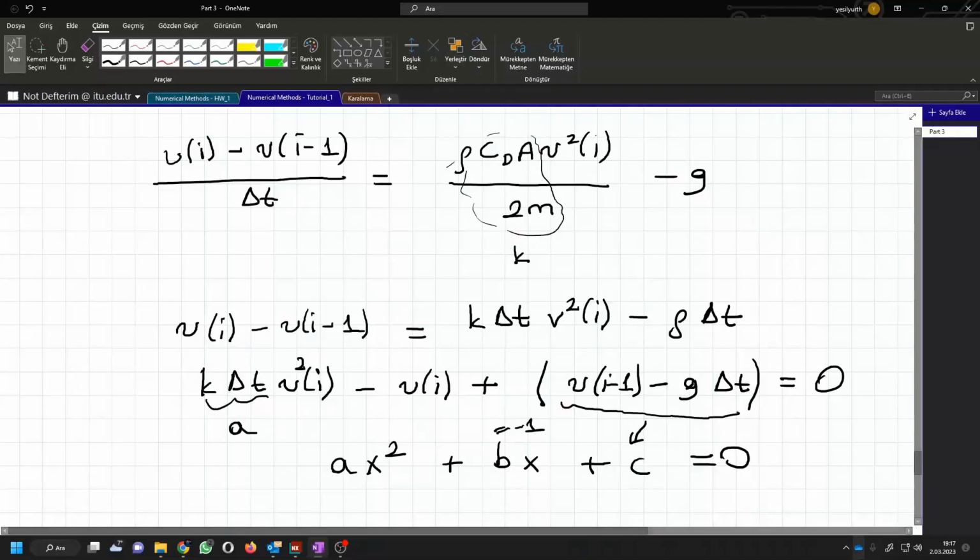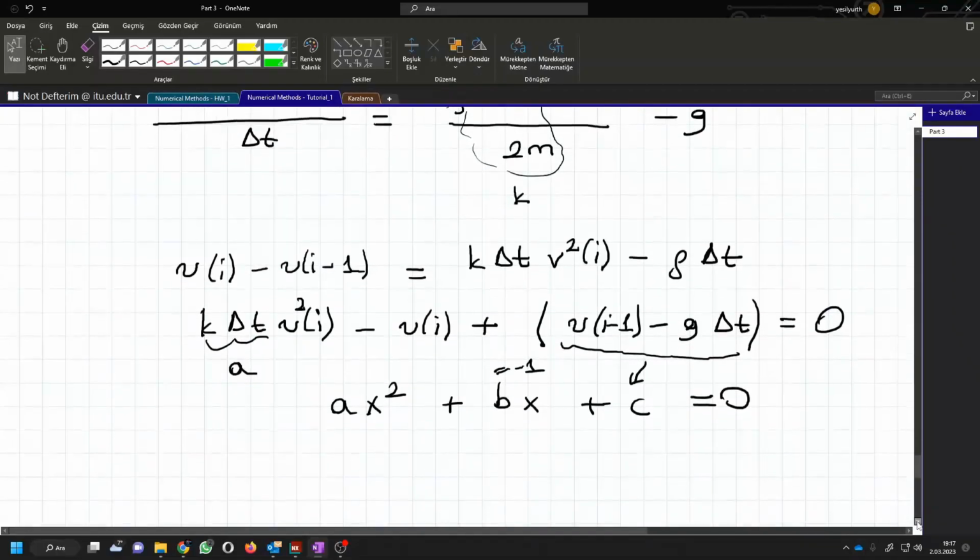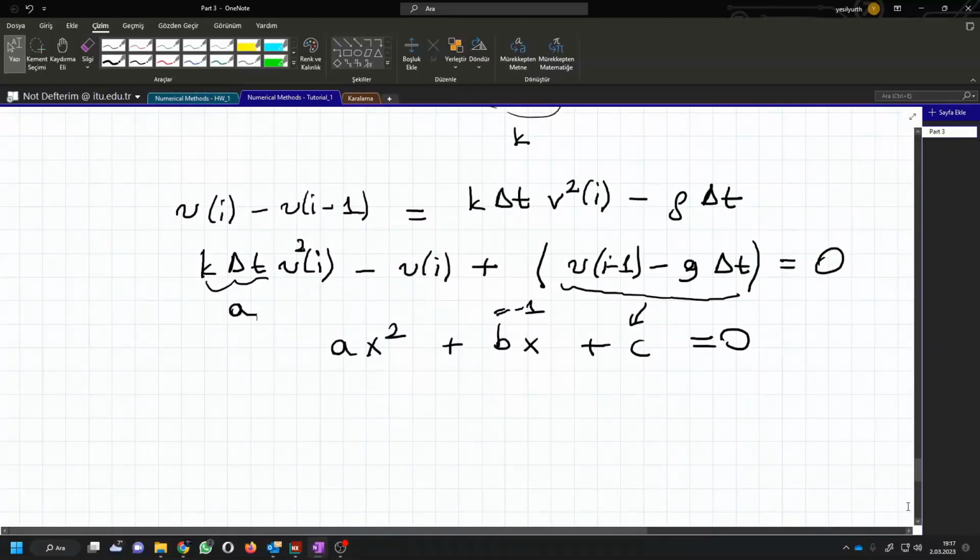My unknown x is obviously Vi. So if you solve this equation for Vi, you will find the current value of your state variable.